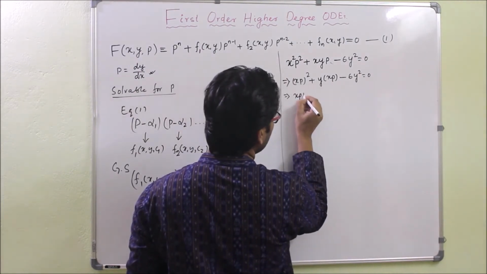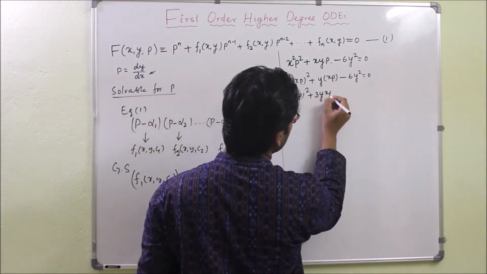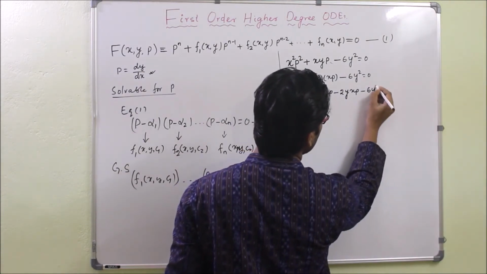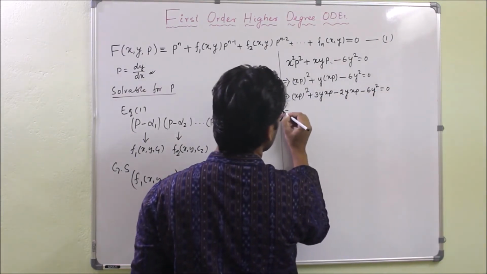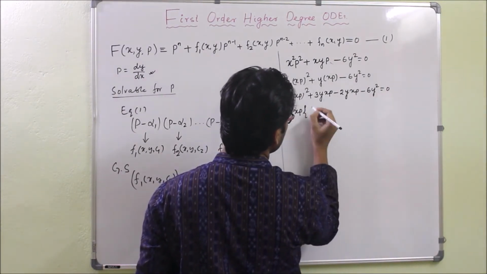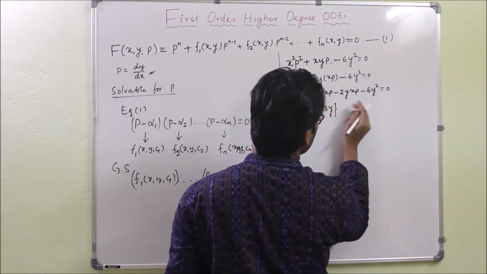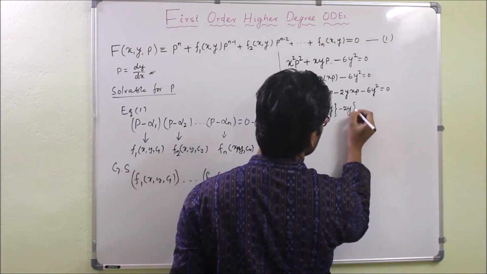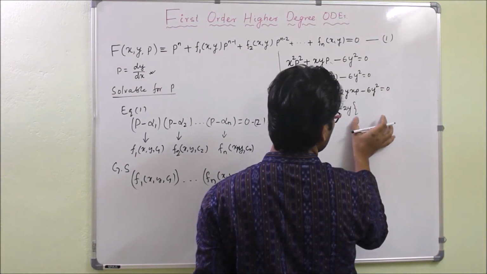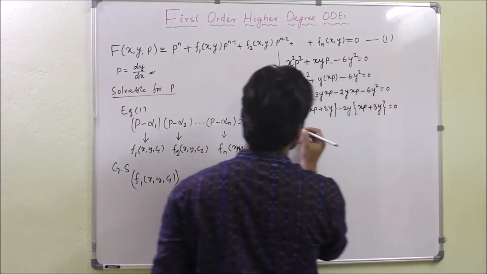Now I can write xp whole square plus 3y xp minus 2y xp minus 6y square equal to 0. So from the first two terms, what I can take common? xp. So if I take common xp, it will be xp plus 3y. Similarly, if I take minus 2y common from the last two terms, then within bracket it will be xp plus 3y. Now we got the factors.